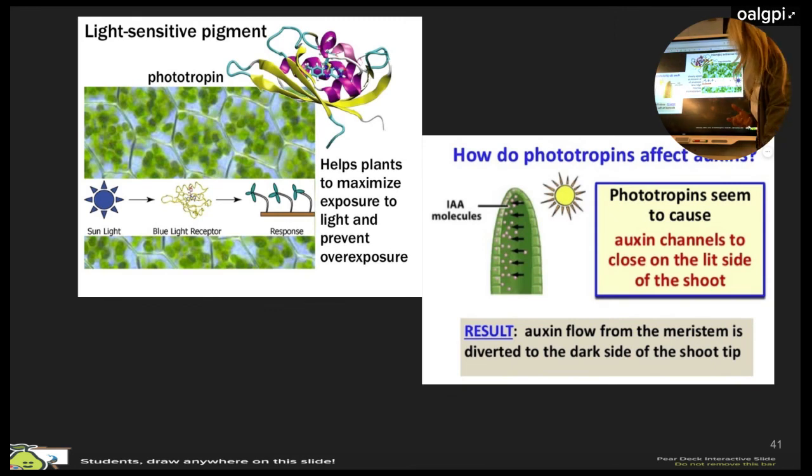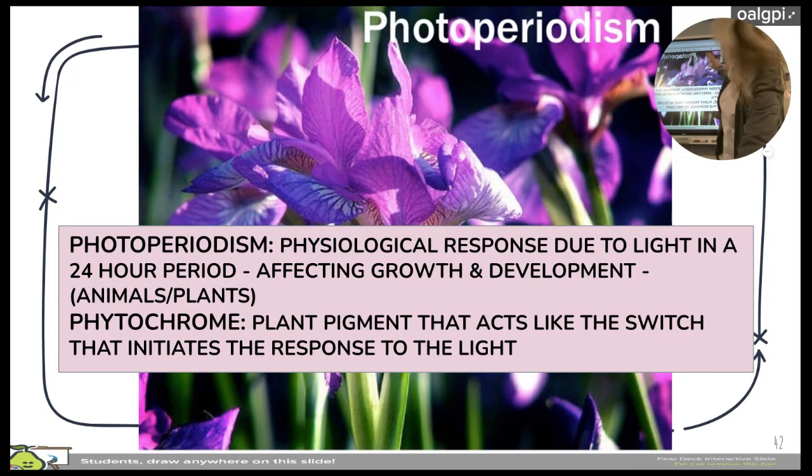And then here, let's talk about that light sensitive pigment phototropin. We talked about auxin, when it detects where the light is, it moves auxin to the shady side. But the part I want to talk about here is photoperiodism. And that is plants' ability to tell what? Time.